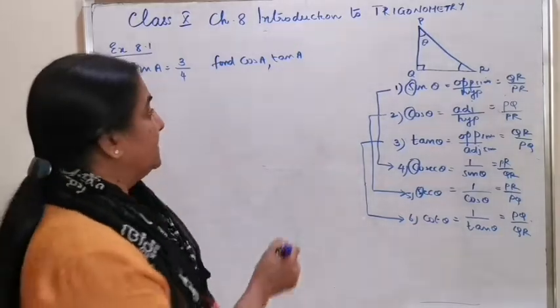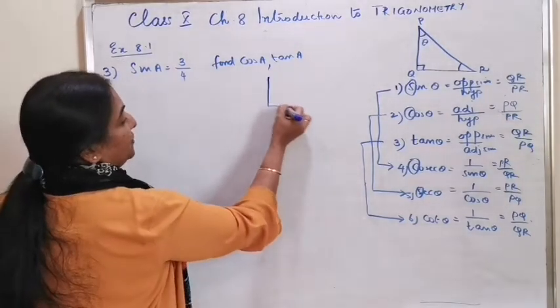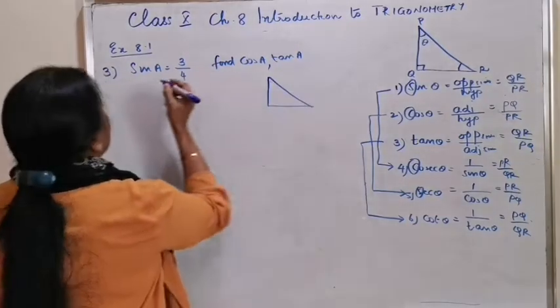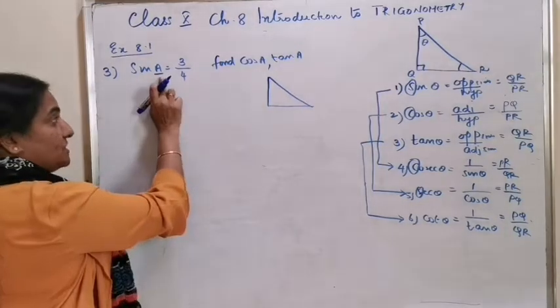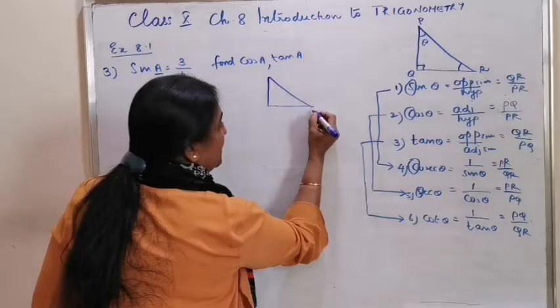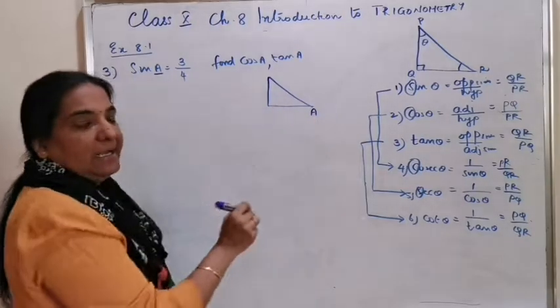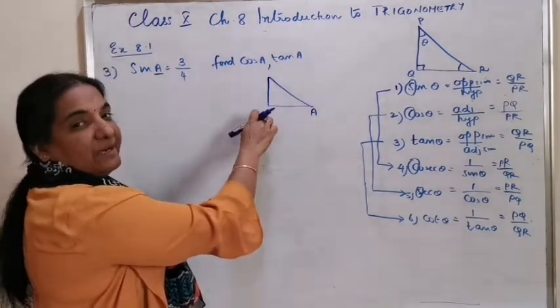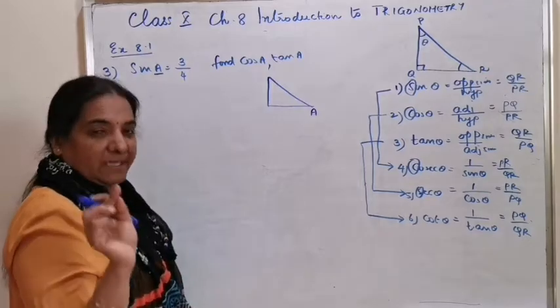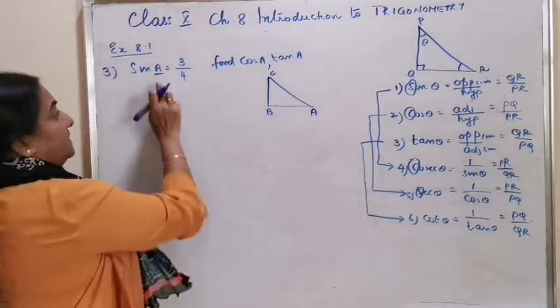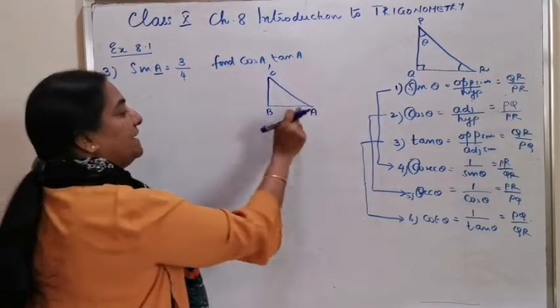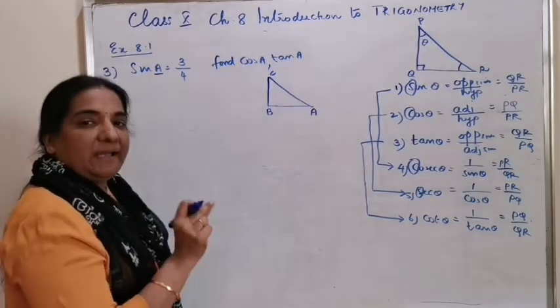How to plot in the picture is, now sine A is equal to 3 by 4, which shows that A has to be one of the acute angles. A cannot be the right angle. That is the first hint. Then B and C. The angle mentioned here should be one of the acute angles.